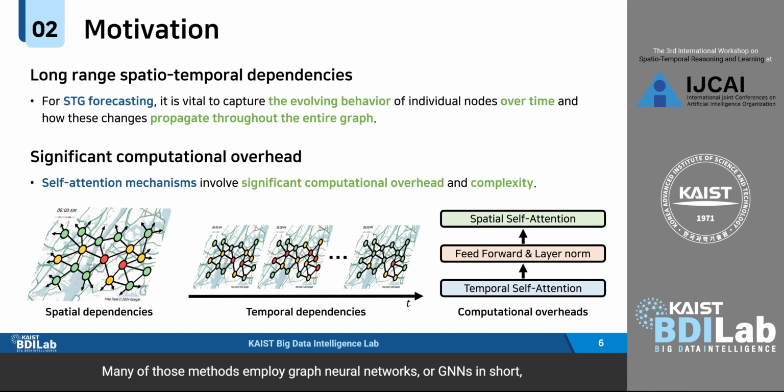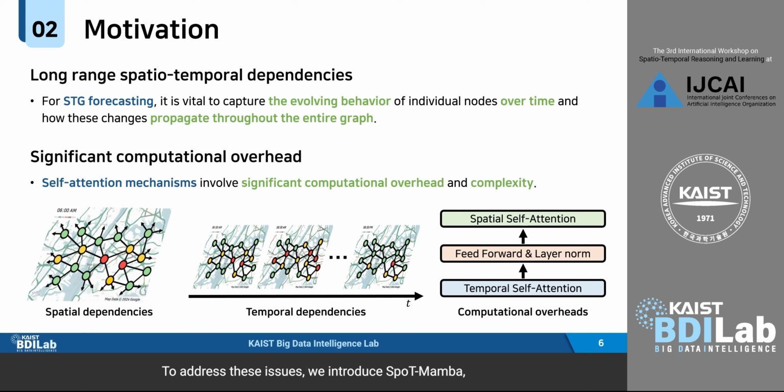Many of those methods employ graph neural networks, or GNNs in short, to exploit spatial dependencies inherent in the graph structures and integrate them with transformers to capture temporal dependencies. However, they often face challenges in handling long-range spatial dependencies, as they simply stack GNN layers. In addition, the significant computational overhead and complexity of the self-attention mechanism are being highlighted as major concerns.